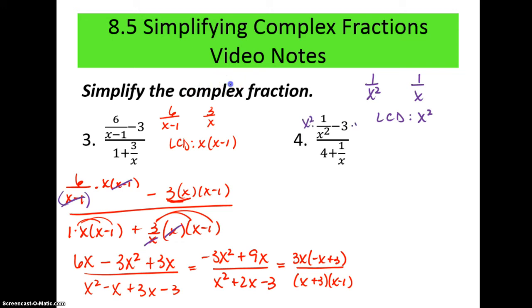Times x squared, times x squared, times x squared, and times x squared. So on the left, the x squareds cancel, and I get 1 minus 3x squared over 4x squared, 1x over x squared. So one of the x's would cancel. I'd be left with plus x. That would be my final answer.